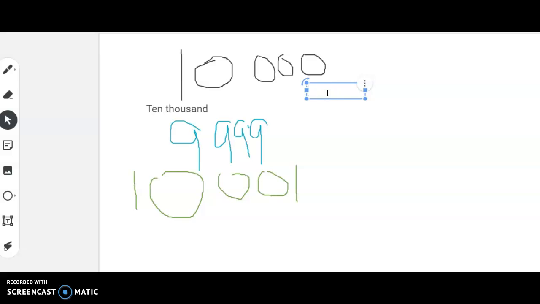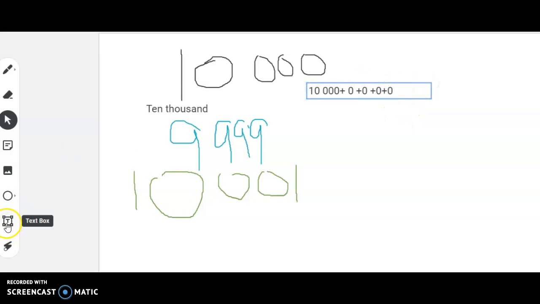There are different ways we can express 10,000 as well. We can write 10,000 plus 0 plus 0 plus 0 plus 0. Do we always need to add the plus zeros? No, I just did it so you could see what it would look like in the case where we could.